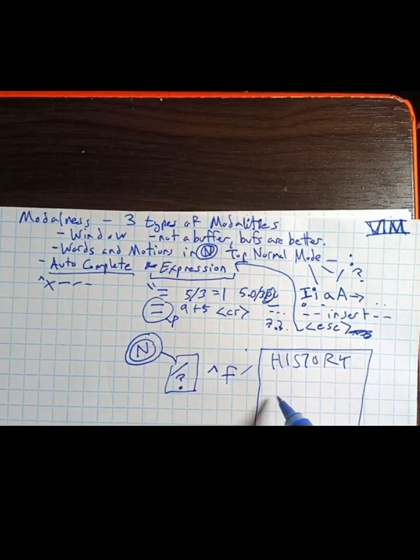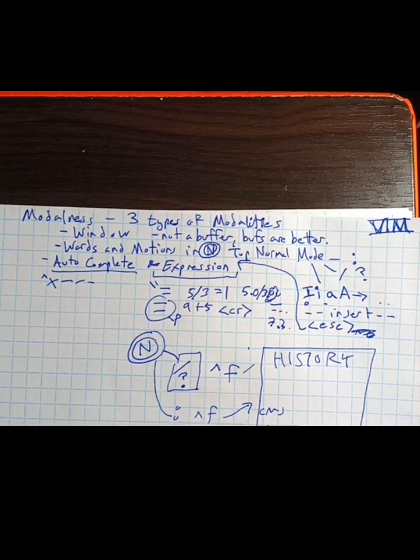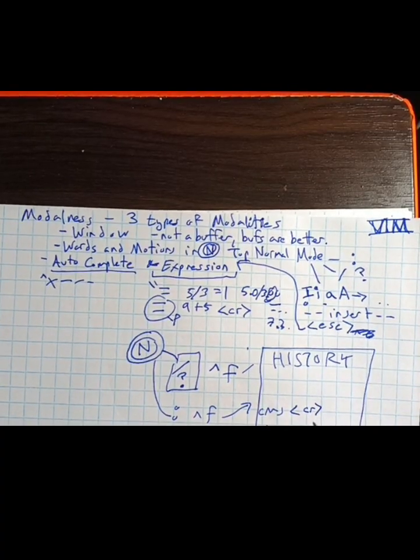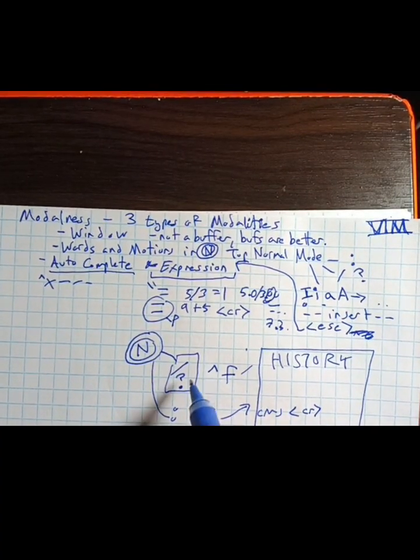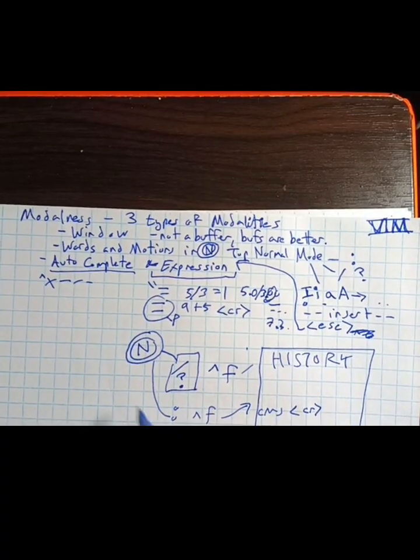So the history of the commands, if you went into command mode, and then you Control F, it puts you into the history of commands. And there, if you choose any of those lines, you can just hit Enter, hit carriage return, and it'll run it as if you typed it, and it'll start searching on it, or it'll run the command and put you back in normal mode.